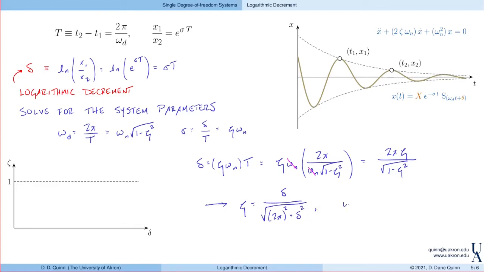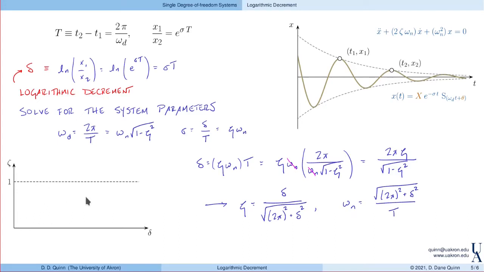And likewise, I can then solve for the natural frequency as the square root of (2 pi) squared plus delta squared, divided by t. So given the logarithmic decrement and the period, which again are measured from the response, I can determine both the damping ratio and natural frequency with these two relationships.